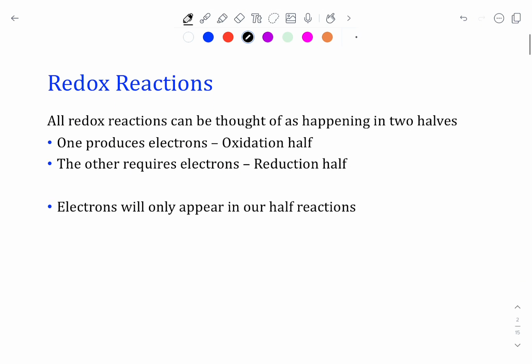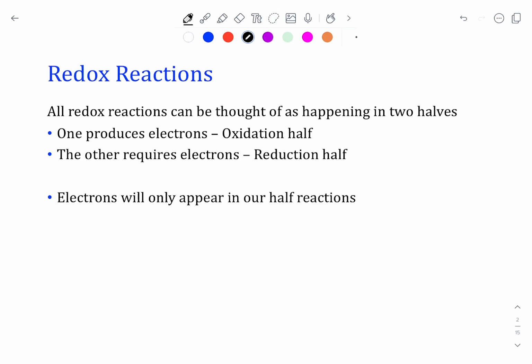All redox reactions can be thought of as having two halves. One half produces electrons, which we refer to as the oxidation half. When we're producing electrons in oxidation, we would expect to see the electrons on the product side, because a product of that reaction is the production of electrons, or the transfer of electrons from a reactant to something else.